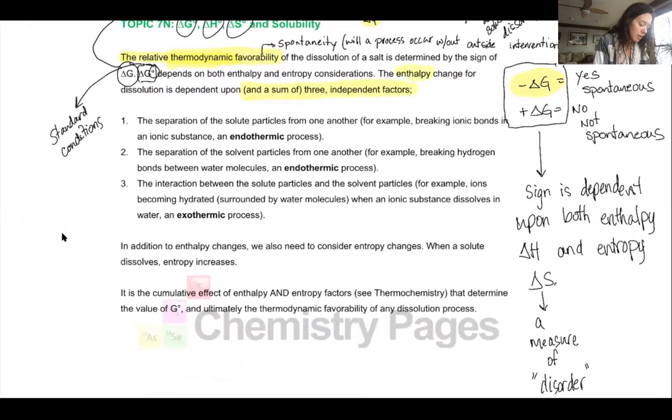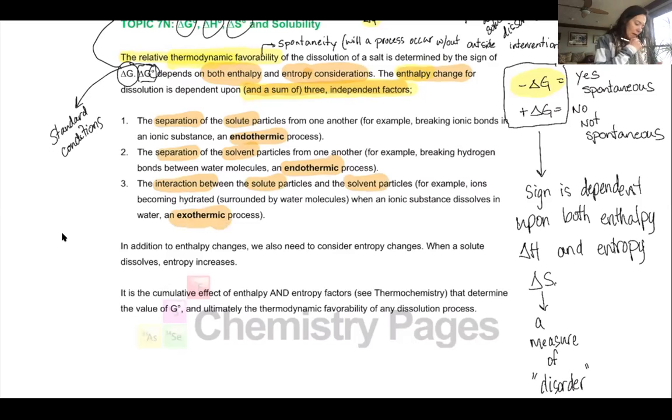The overall delta G, as I just stated, depends on both the enthalpy and the entropy. The enthalpy is simply based on the sum of three independent factors: separating the solute, endothermic; separating the solvent, endothermic; interactions between solute and solvent, exothermic.